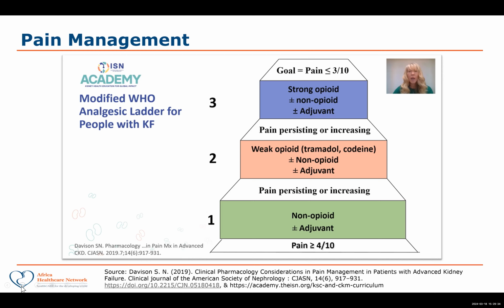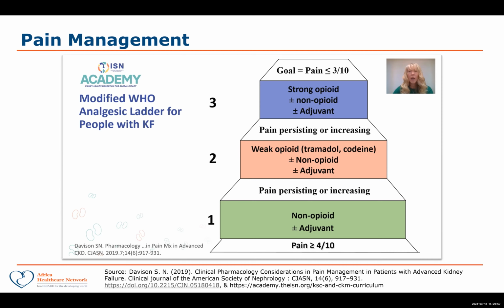The first step, number 1 here in the green, is a non-opioid plus an adjuvant. This is if a patient is rating their pain 4 out of 10 or greater, and we can consider medications such as paracetamol or some adjuvants for neuropathic pain.